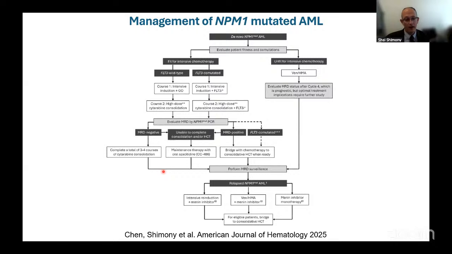Or after a year of getting HMA-VEN with MRD negativity, if a person has side effects... I have a patient two years into treatment for NPM1 mutated AML on a hypomethylating agent and venetoclax, and we had the discussion last time she was here about whether we should stop the treatment, because her MRD is negative. This is an ongoing discussion with her.